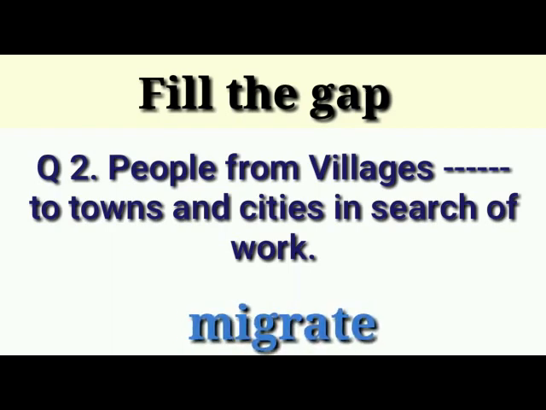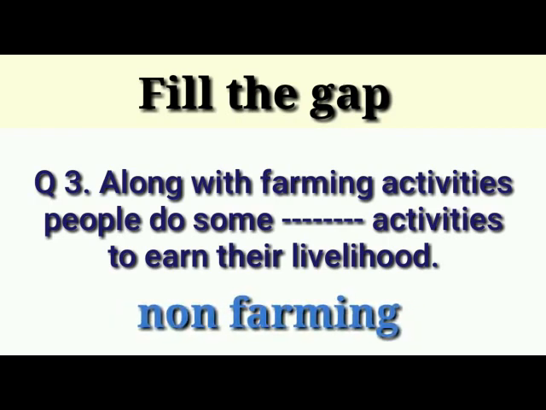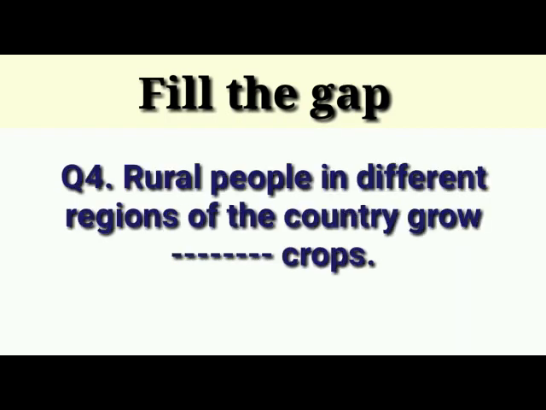Answer is migrate. People migrate. Next question is along with farming activities, people do some dash activities to earn their livelihood. Answer is non-farming activities.